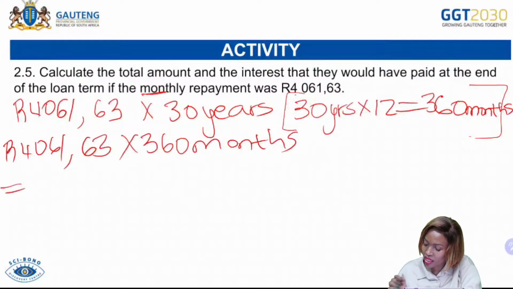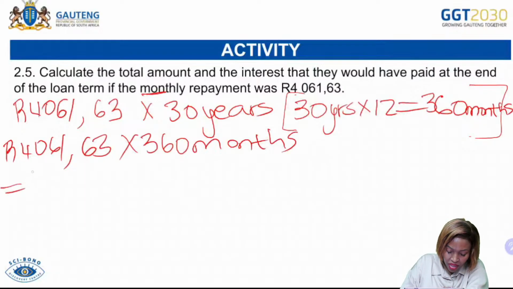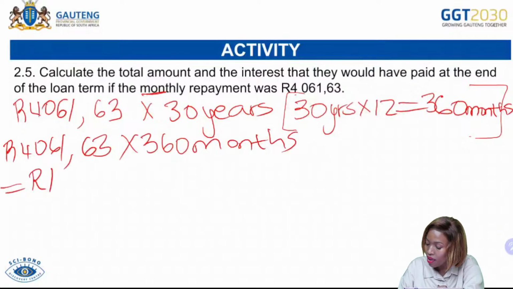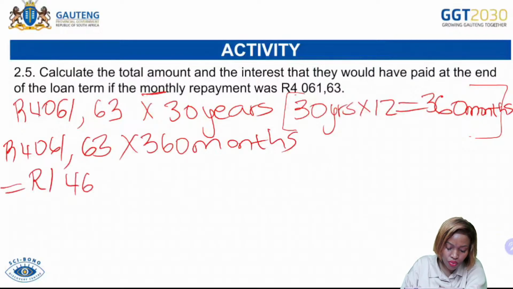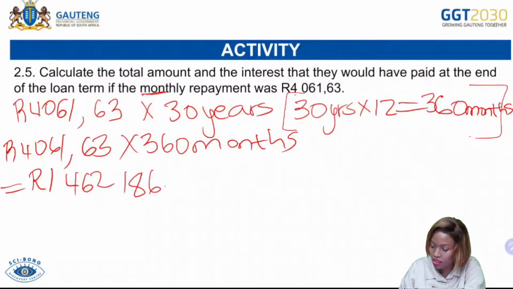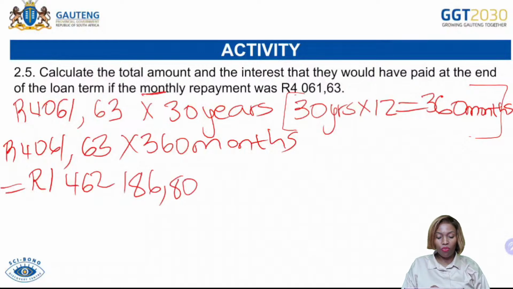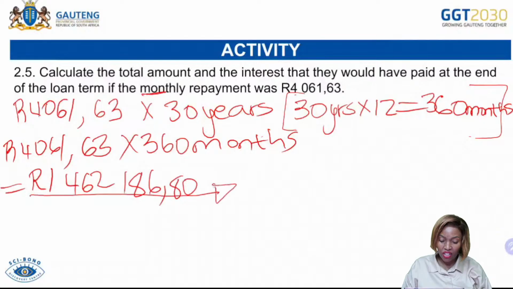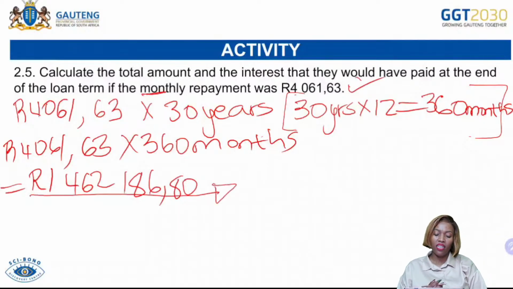The answer that I'm getting is 1,462,186 rands and 80 cents. So this would be the total amount, including the interest that they would have paid back at the end of the loan term, if this was their monthly installment.